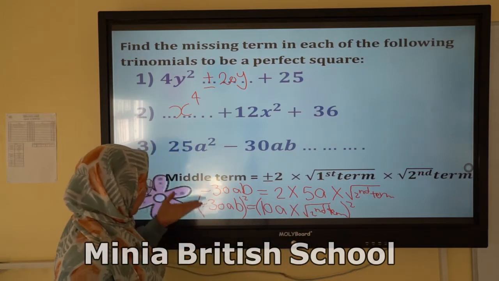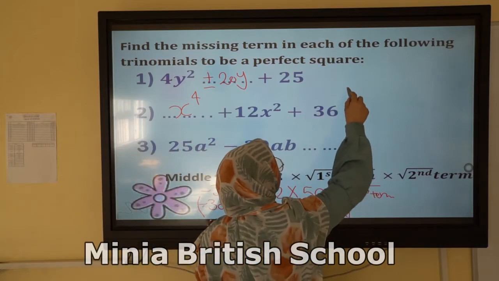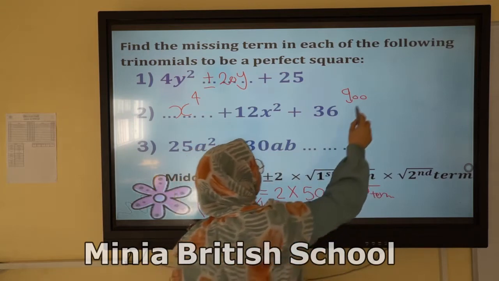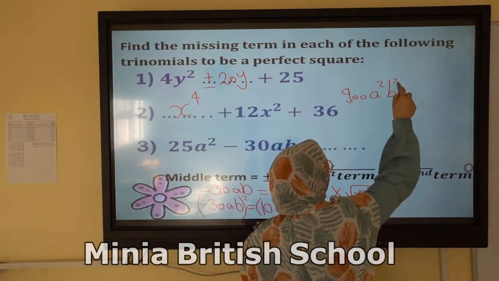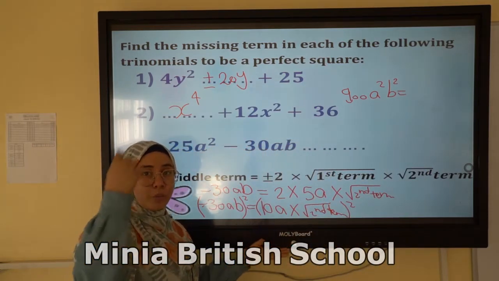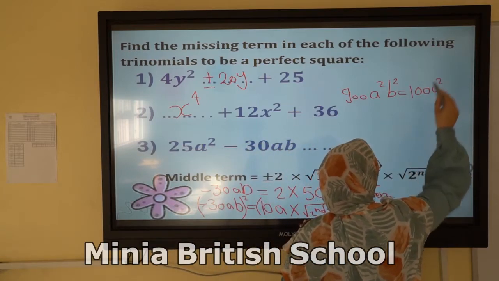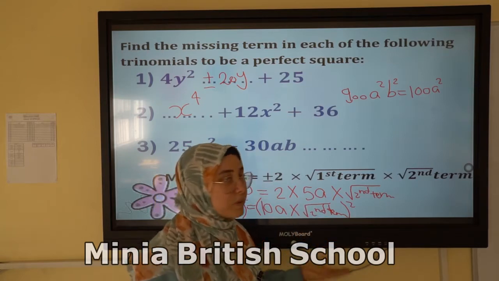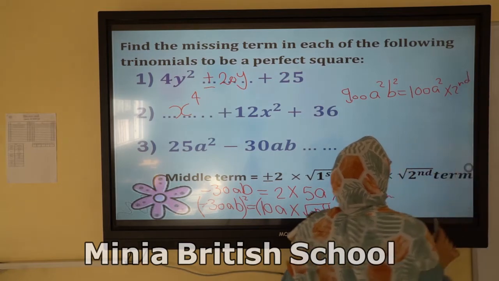Now, negative 30 power 2 equals 900, A power 2, B power 2, equals 10A power 2 equals 100A power 2 times the second term.